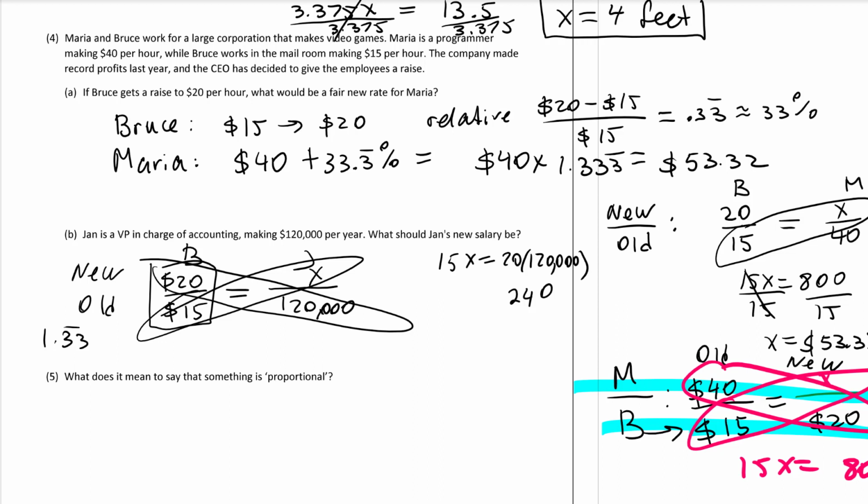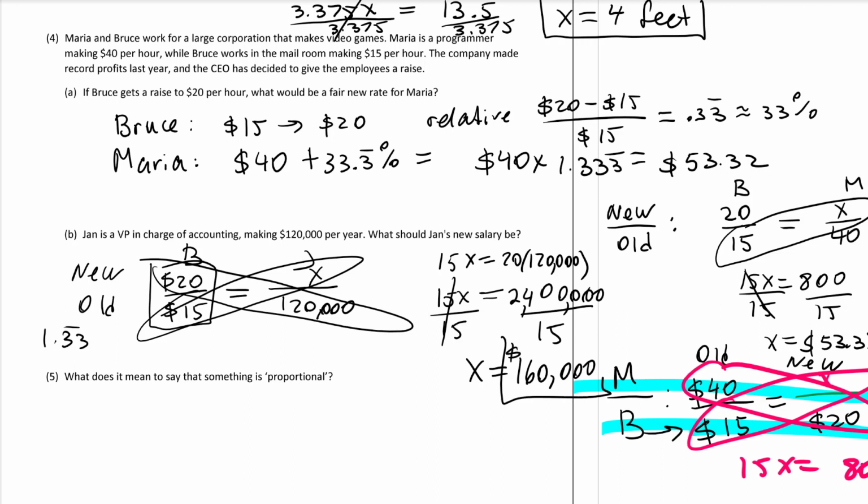And then 1, 2, 3, 4, 5, all together. So it's 2,400,000 equal to 15x. Divide both sides by 15. And you say her salary should be 160,000 per year, given that percent increase.